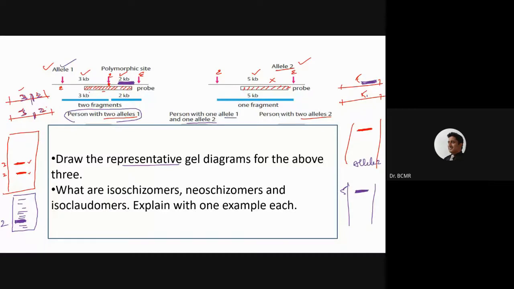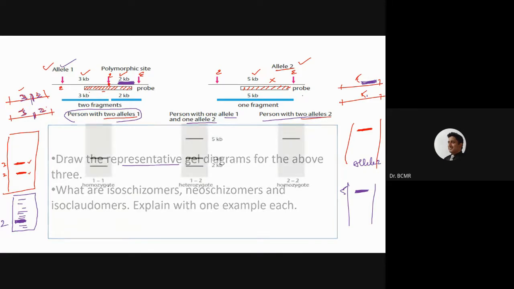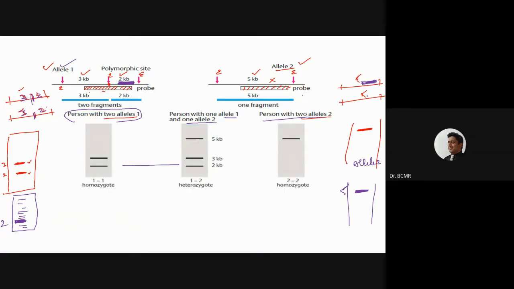So it will be nice if you can draw representative diagrams for the above 3. What are the 3? One is homozygous for allele 1. One is heterozygous, allele 1 and allele 2. And the other one is homozygous for allele 2. So this is how the result would look if you have drawn it.